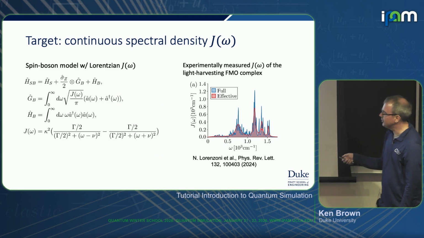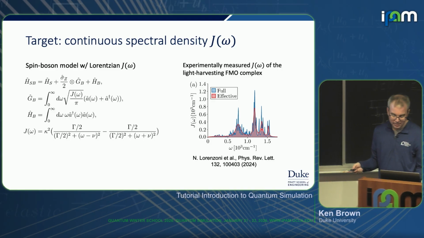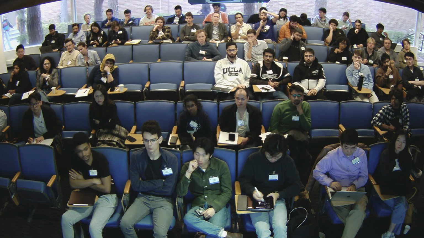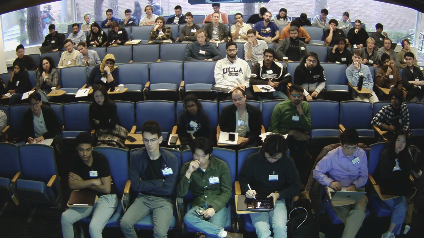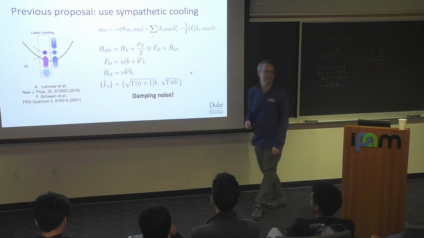So this all looks good. Wait, real quick. Can you go back to the Lindblad equation? So what is B here? The same as A and the other things. So it's the creation and annihilation operators of these motional modes.